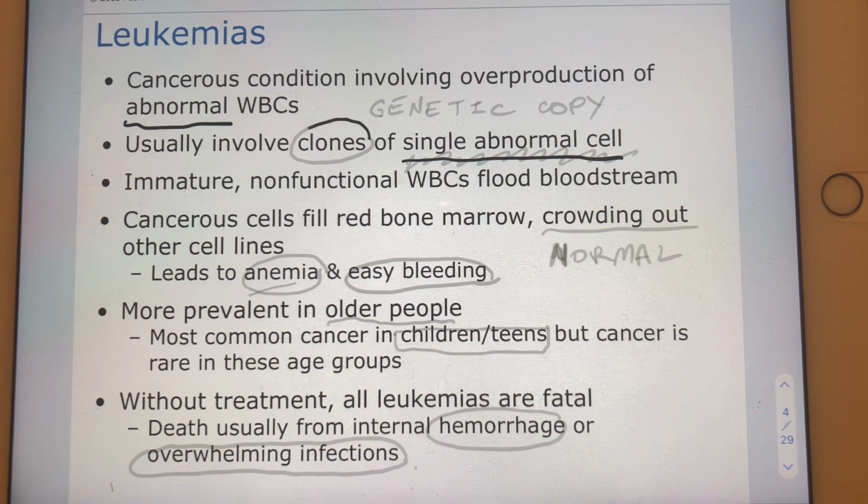And often in biology classrooms, I find that students don't have a clear understanding of what the word clone means, at least in the context of biology. And a clone is just a genetic copy.